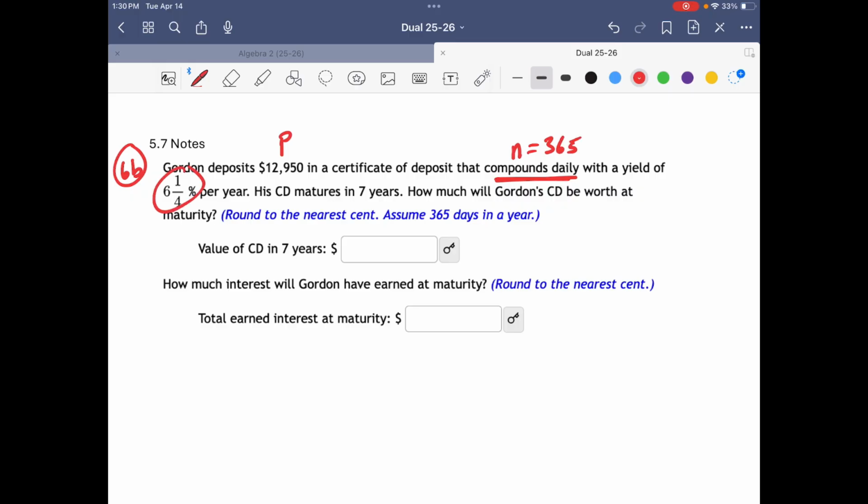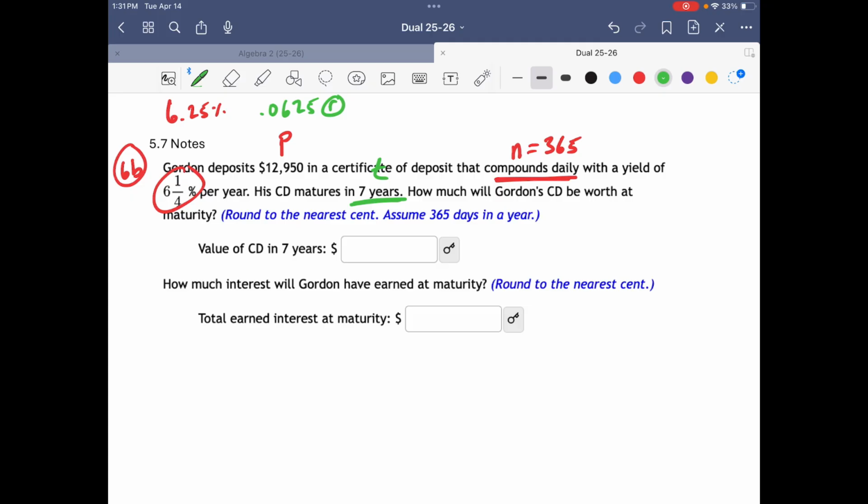That's 6.25%. Right? That would end up being 0.0625. That's our interest rate. How much would he have in the CD after 7 years? And a CD, just call it a certificate of deposit, by the way. It's like a saving. Kind of, but not really. But anyways, 7 years, that's T, right? How much will he get after 7 years?